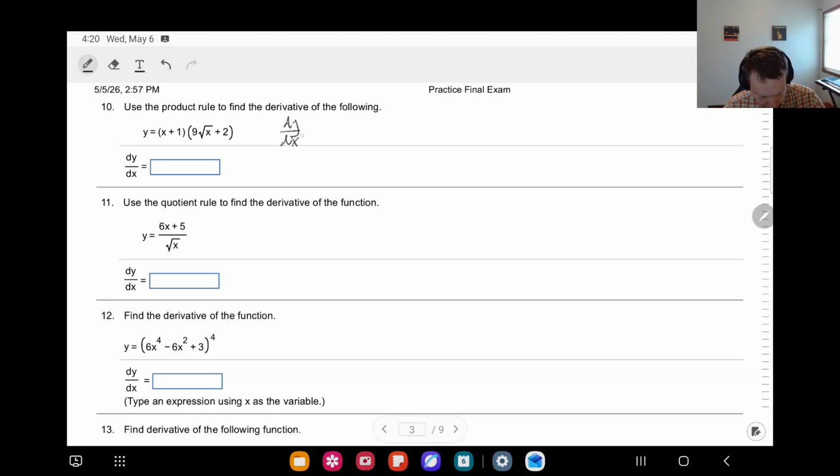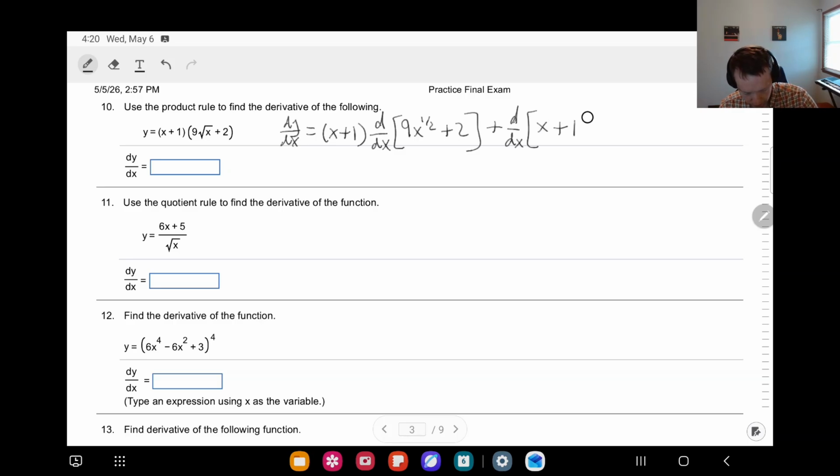So dy dx is, first you leave x plus 1 alone, then times the derivative of 9 square root of x plus 2. I'm rewriting that now. Then plus, the other way, I take the derivative of x plus 1, then times 9 square root of x plus 2.